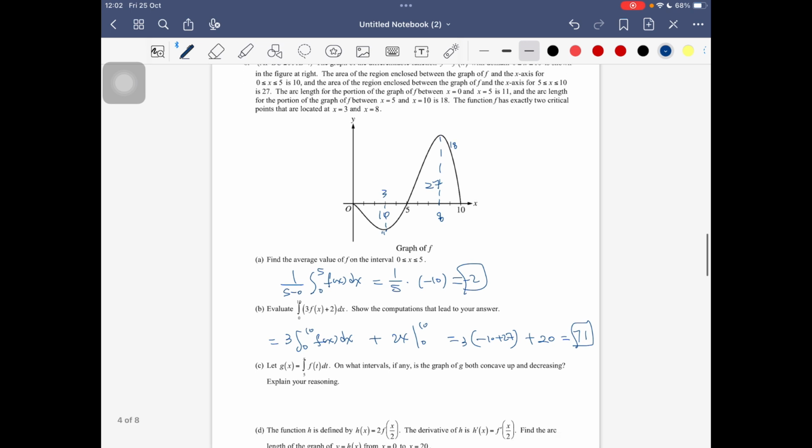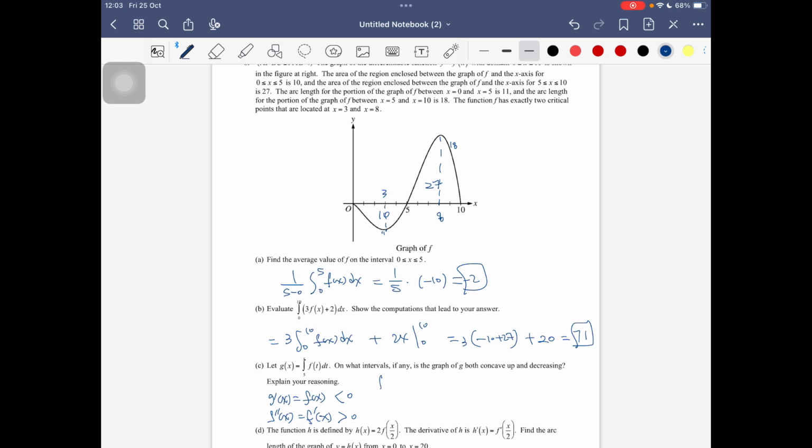And number C, on 5 to x, concave up and decreasing. So g prime of x is f of x. G double prime of x equals f prime of x. So this should be smaller than 0, which is decreasing. Concave up should be larger than 0.